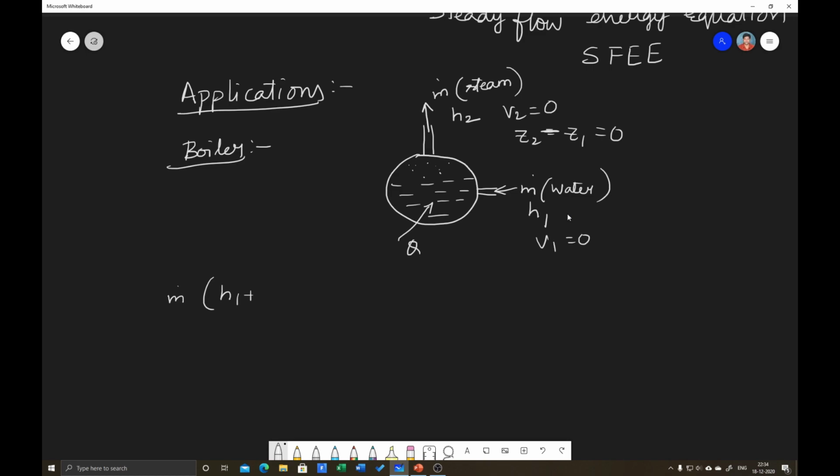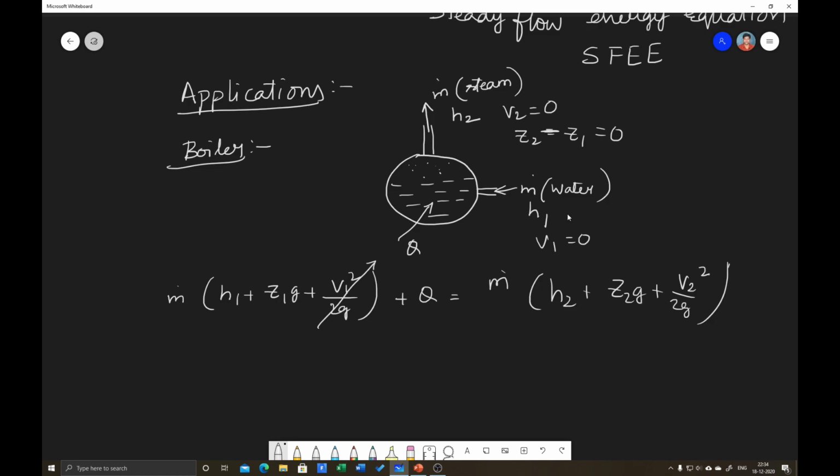So the steady flow energy equation is m dot into h1 plus z1 g plus v1 square by 2, plus Q is equal to m dot into h2 plus z2 g plus v2 square by 2, plus W. So here there is no kinetic energy, so those terms become 0, and also there is no potential energy difference.